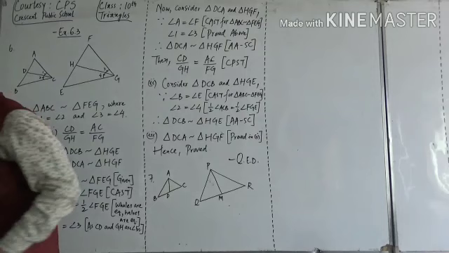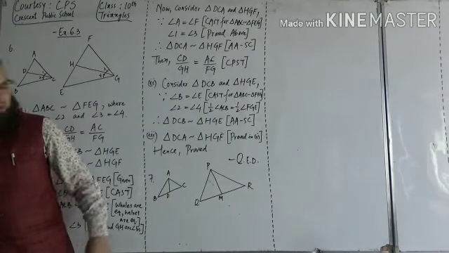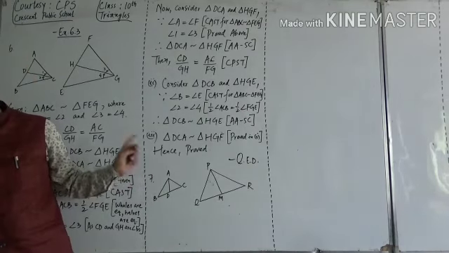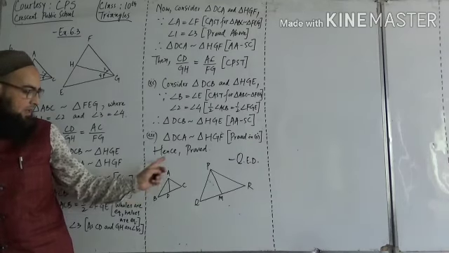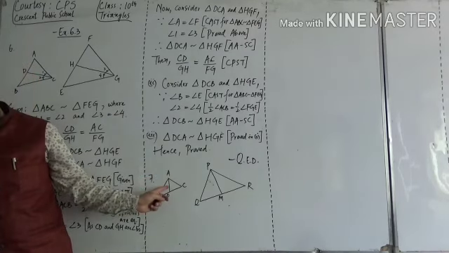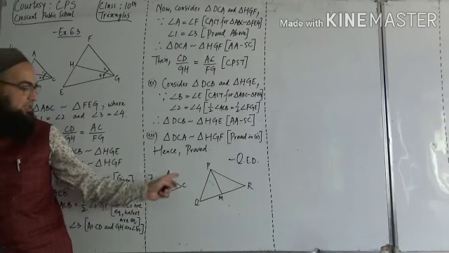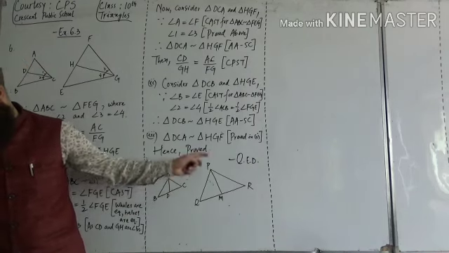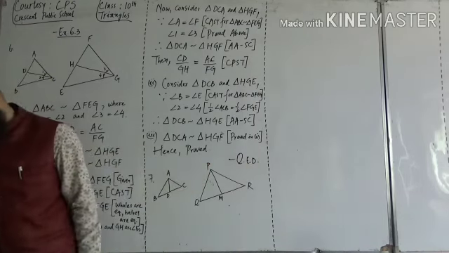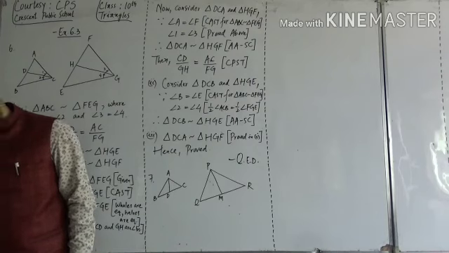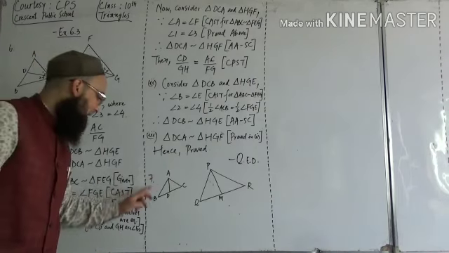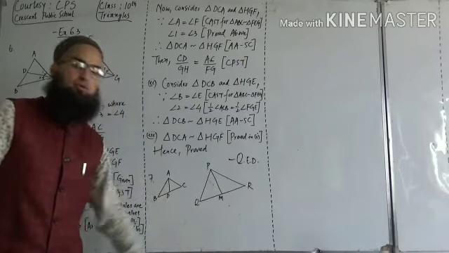AD and PM are medians. Now see, sides AB, AC and median AD are respectively proportional to the sides PQ, PR and median PM of another triangle. Show that ABC is similar to PQR. You need to show ABC is similar to PQR.